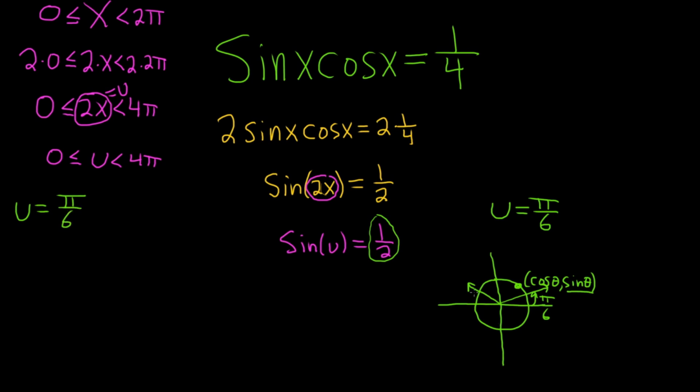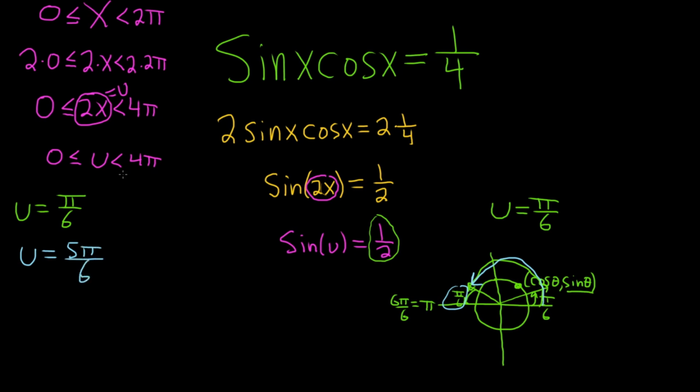The other answer is the angle that's over here and has a reference angle of pi over 6. And this is pi, so you can think of pi as 6 pi over 6. So the angle right here, let me draw it in blue, is 5 pi over 6 because it's 6 pi over 6 minus pi over 6. So 5 pi over 6 is our other angle.